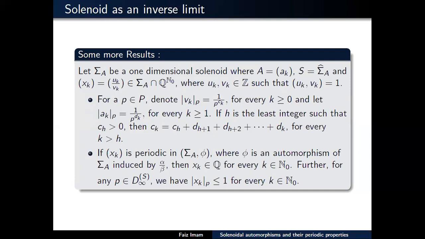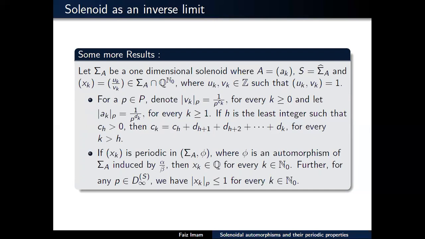So basically, what we obtained is that, see, H is the least integer such that CH is greater than or equal to 0. So for every K which is greater than H, this CK can be written in terms of the previous terms.